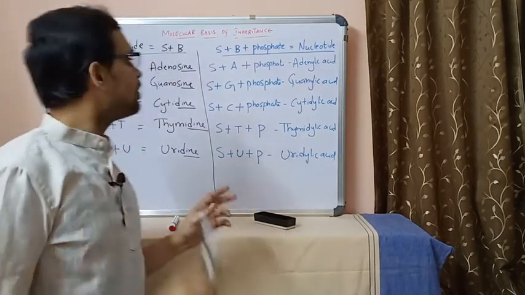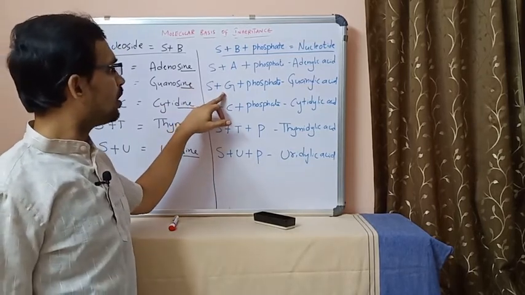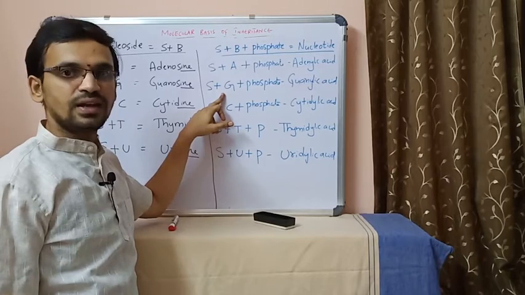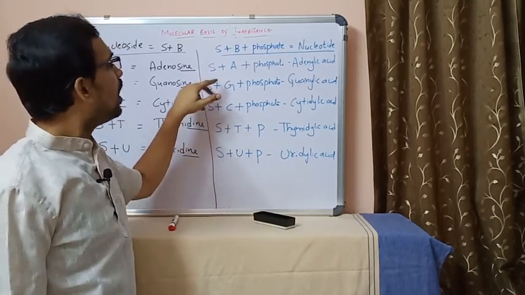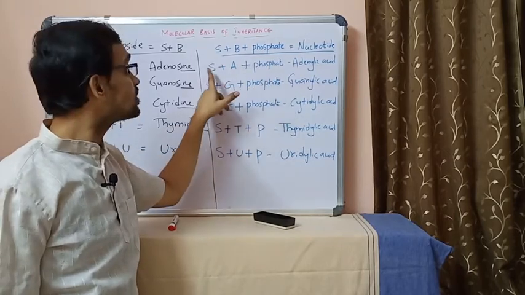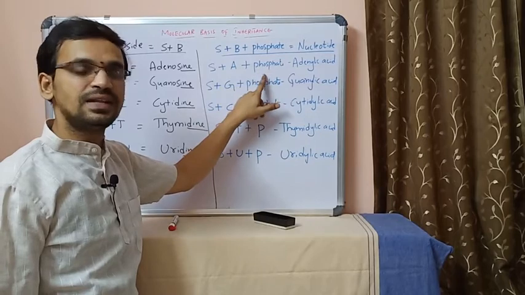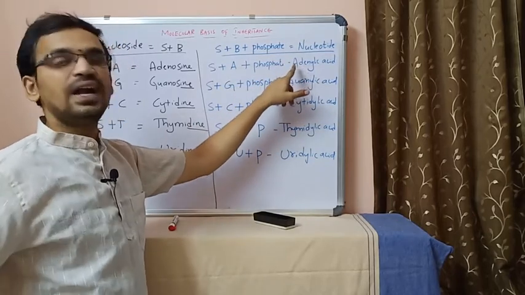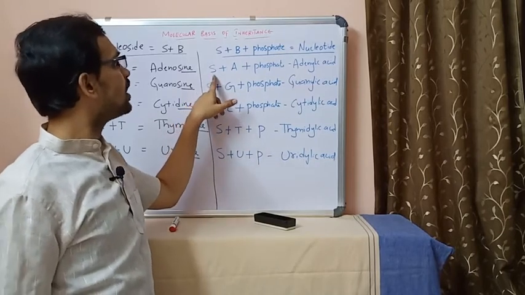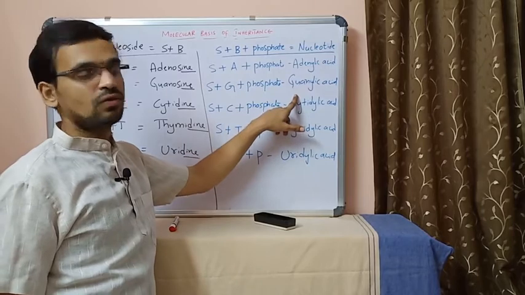One more thing you should remember: adenine and guanine, the purines, are common in both DNA and RNA. If the sugar is deoxyribose with adenine and phosphate, present in DNA, then it is called deoxyadenylic acid. With guanine, deoxyguanylic acid.